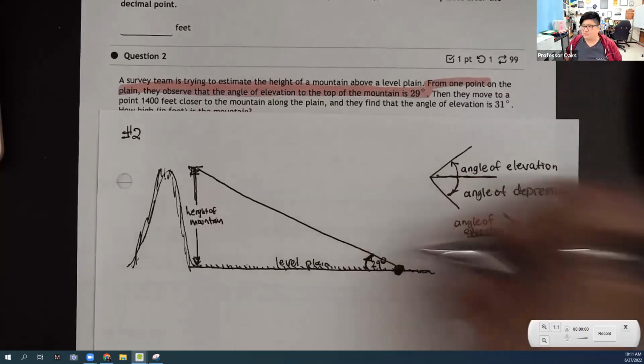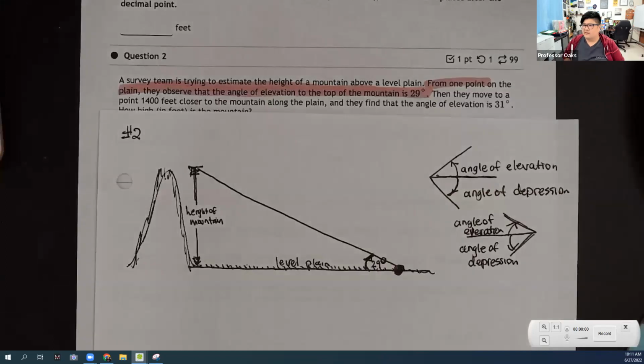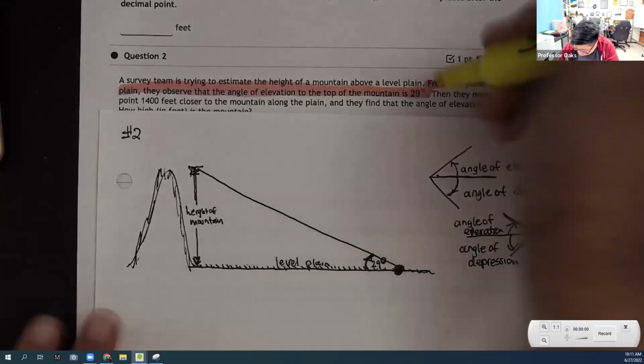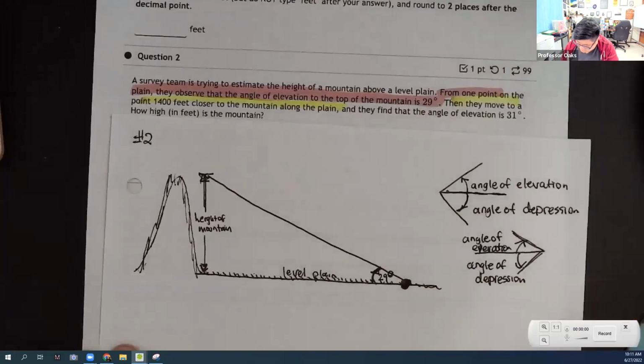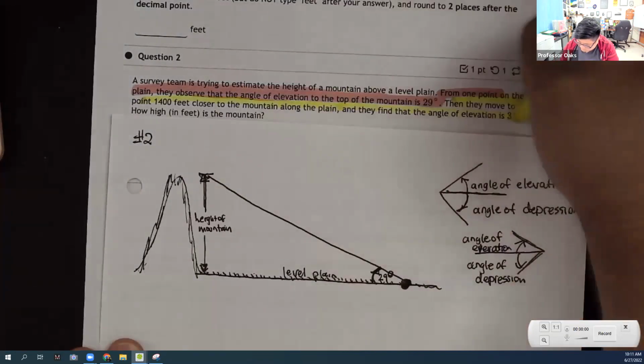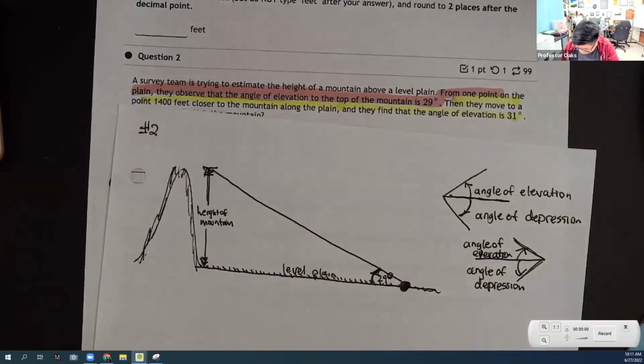So it's 29 degrees. And then if they move to a point 1,400 feet closer to the mountain along the plain, they find that the angle of elevation is 31 degrees.